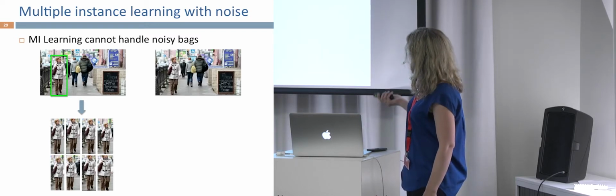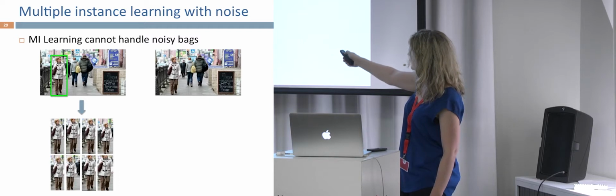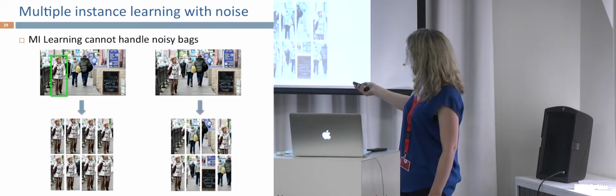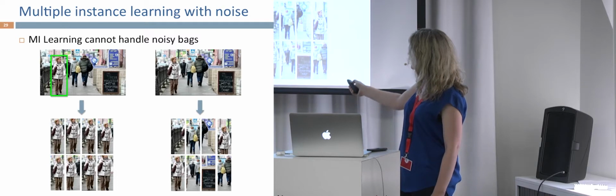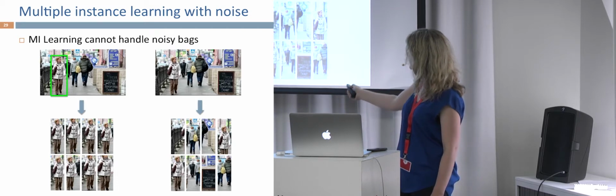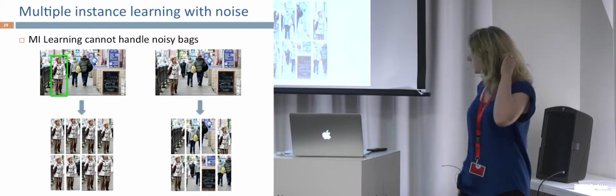However, we have no ground truth bounding box, so we don't have this green box, we just have this image. And so, as I already showed you before, we end up with a bag like this. Here we have lots of noise. We have lots of regions that have no pedestrian in them, and some regions that are similar to this, and then we hope to have at least one that has the actual object.